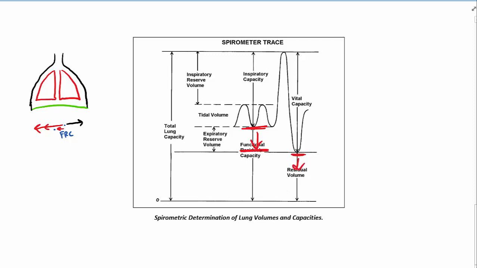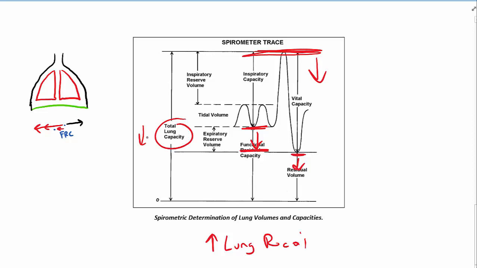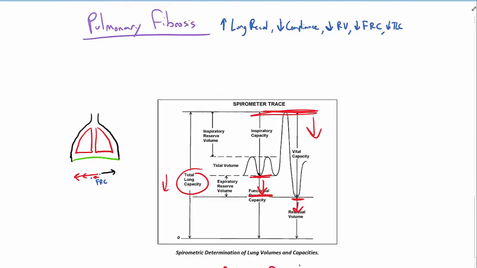So you have a decreased FRC, a decreased residual volume, and because you have increased lung recoil, this actually decreases the maximum amount by which you can inspire, volume-wise. So total lung capacity will decrease as well during pulmonary fibrosis.